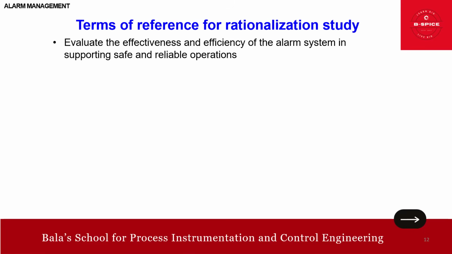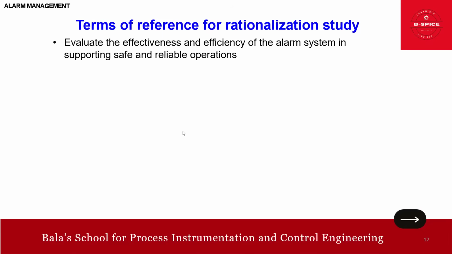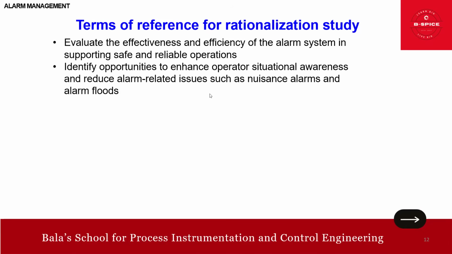So what are the primary requirements? Evaluate the effectiveness and efficiency of the alarm system in supporting safe and reliable operation. Identify the opportunities to enhance operator situational awareness and reduce alarm related issues such as nuisance alarms and alarm floods.